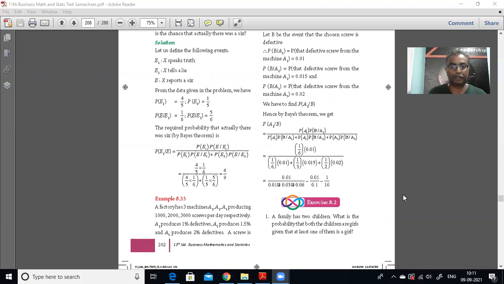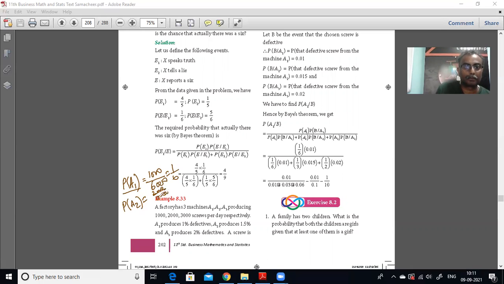A factory has 3 machines, A1, A2, and A3, producing 1,000, 2,000, 3,000 screws per day respectively. So first, the probability that a screw is manufactured by the first machine is 1,000 by 1,000 plus 2,000 plus 3,000, that is 6,000. So 1 by 6. Probability that a screw is manufactured by A2 is 2,000 by 6,000, that is 2 by 6, 1 by 3.